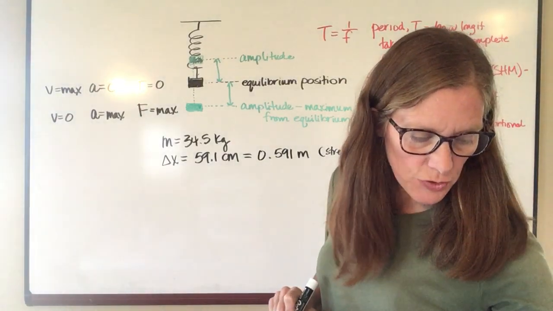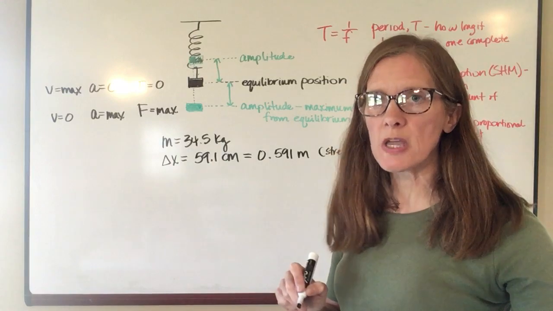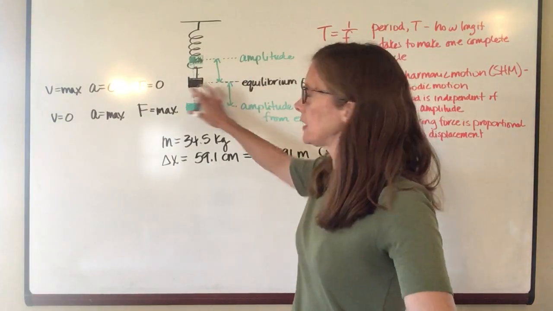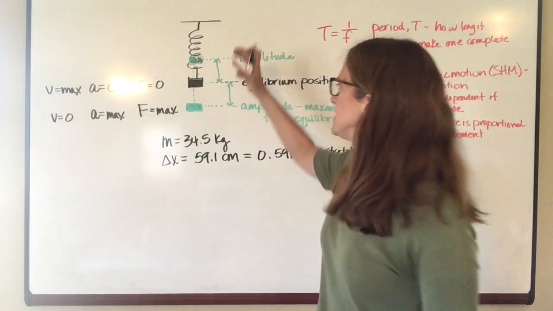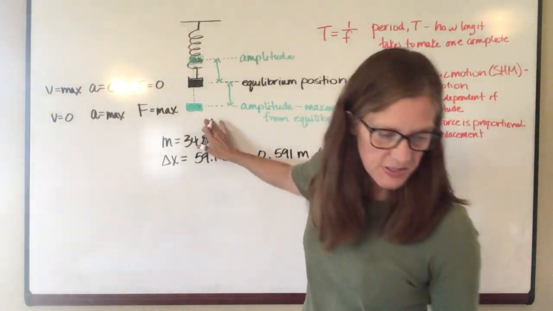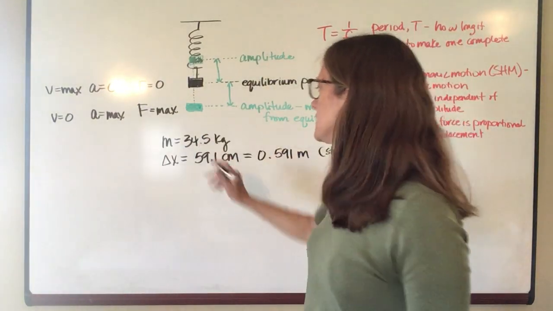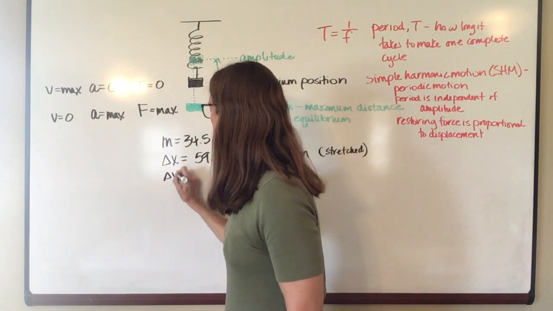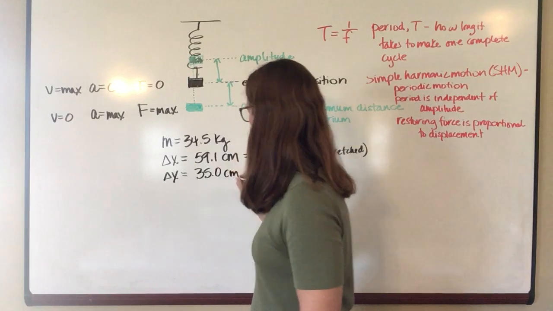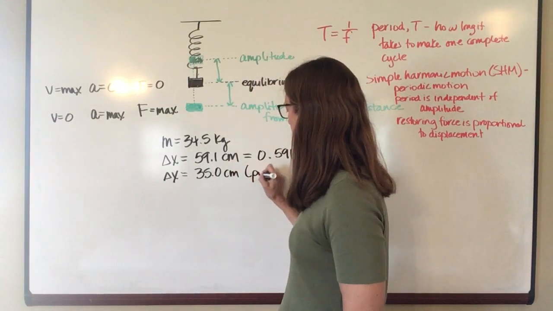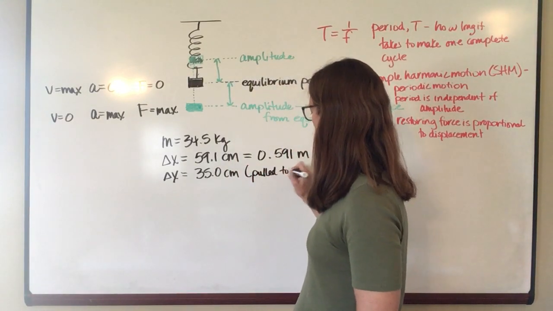Then it says, after the spring has stretched to its new equilibrium position, so this point right here, once the mass is hanging on it, the student pulls the mass down an additional 35 centimeters and releases it. So my new delta X is 35.0 centimeters, which is the amount I've pulled to start the motion.